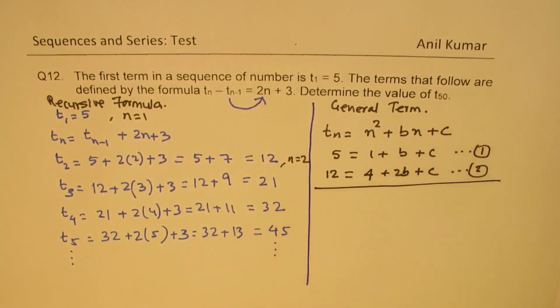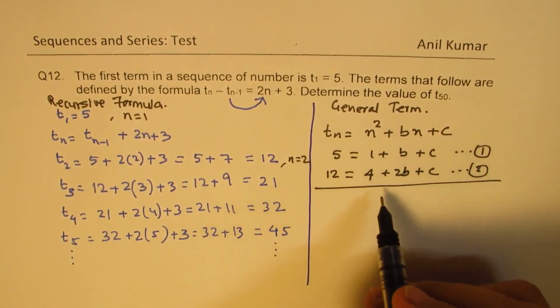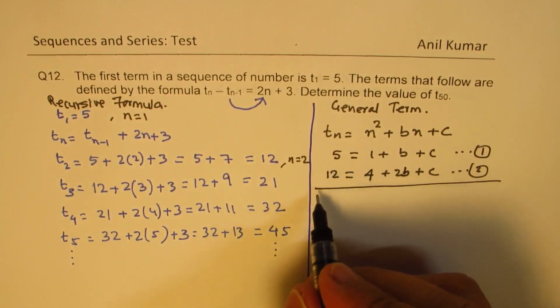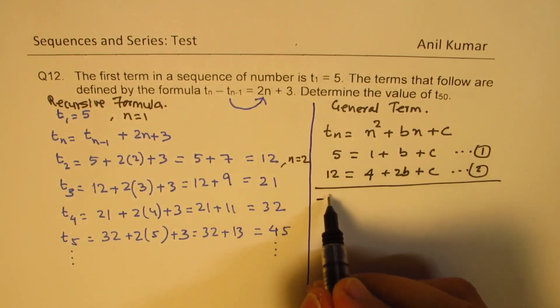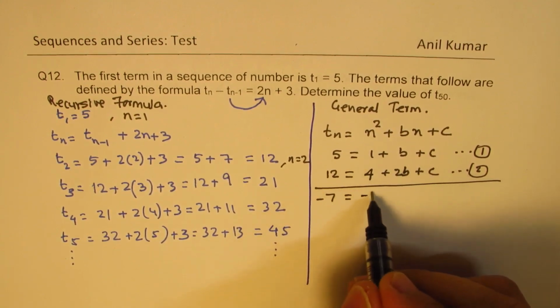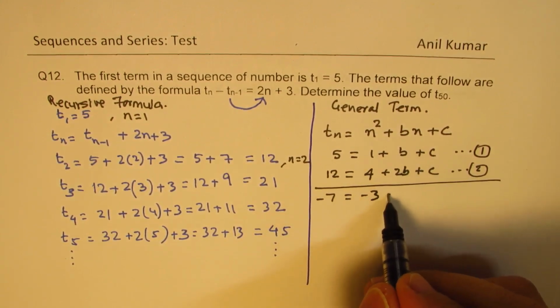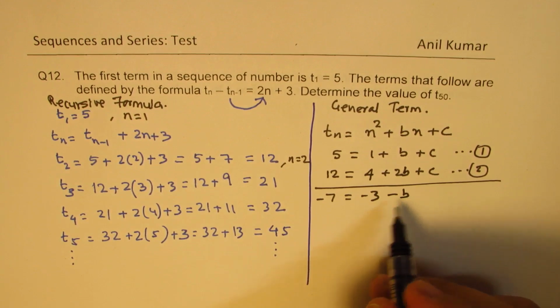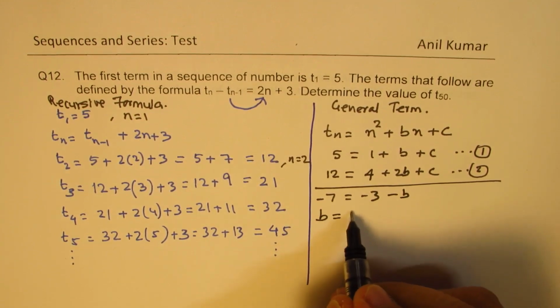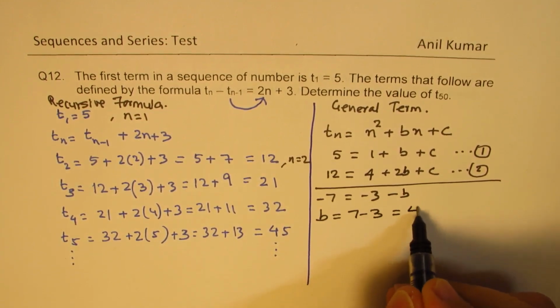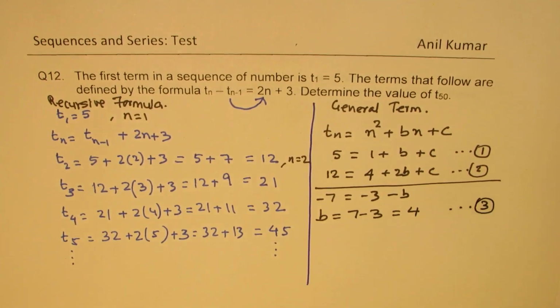Now if I take away one equation from the other, what do I get? So we get minus 7 equals minus 3, and here we have minus b, and c vanishes. So we get b equals 7 minus 3, which is equal to 4, right? So that is our equation 3.